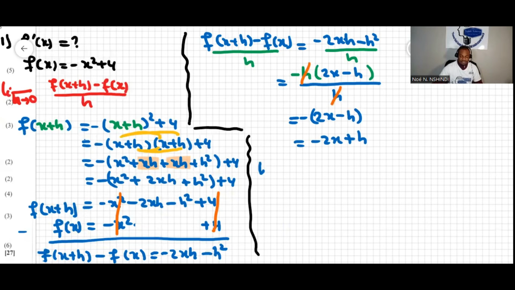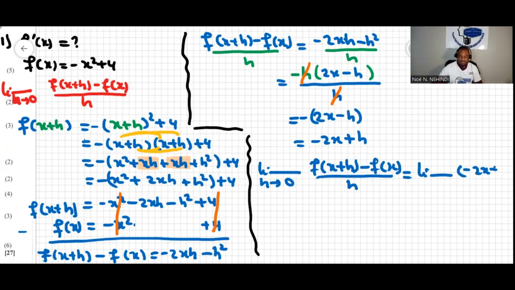If I introduce the limit of h approaching 0 of this fraction, f of x plus h minus f of x all over h, it will be equal to the limit of negative 2x plus h, with h approaching 0 still.